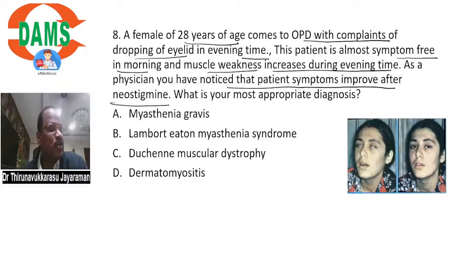What may be the most appropriate diagnosis? See, this is a simple question. A female patient with drooping of eyelid, ptosis, weakness relieved by neostigmine treatment. Neostigmine is a cholinergic drug, an anticholinesterase. So automatically the answer will be myasthenia.